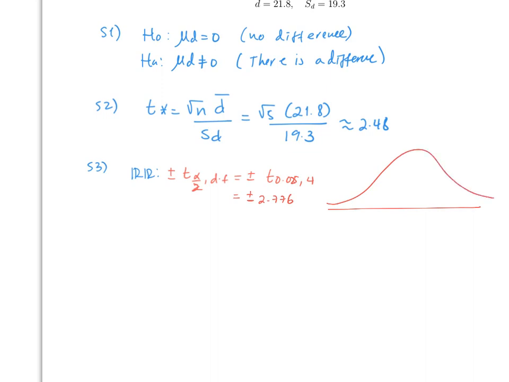Again, draw the rejection region just like all the previous problems. This is 2.776, and this is the rejection region.